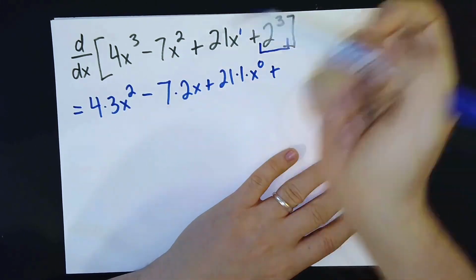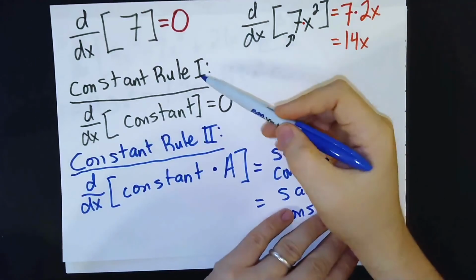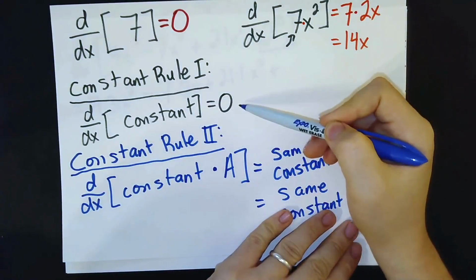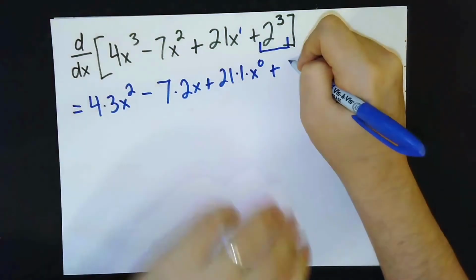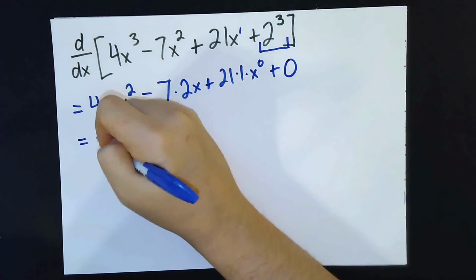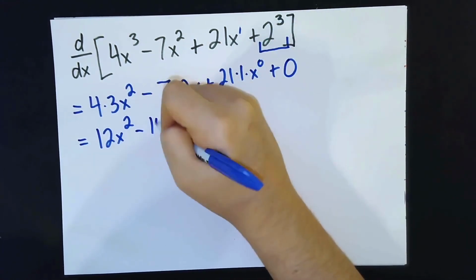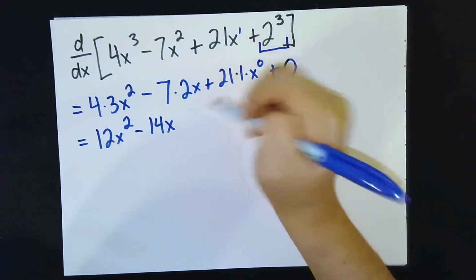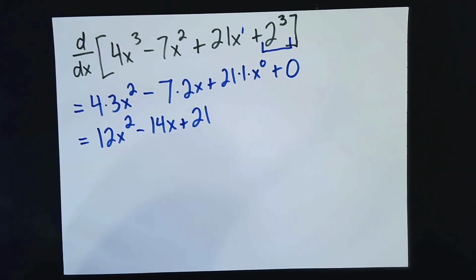And, well, 8 is a constant. And so by the first constant rule, its derivative is just 0. So if I tidy this all up, I'll get 12x squared minus 14x plus 21. And that will be my derivative.